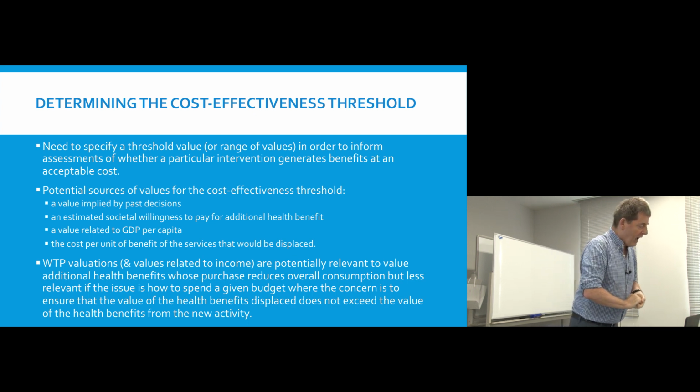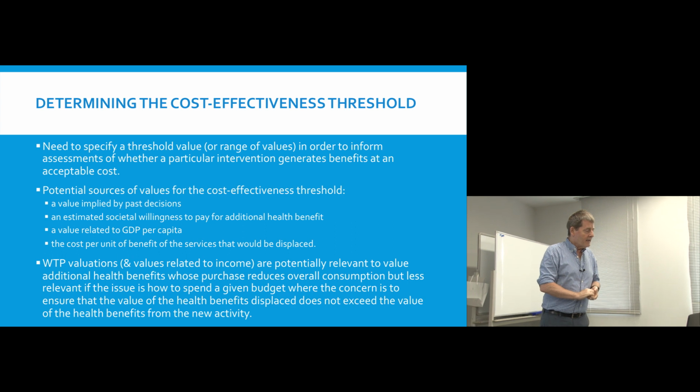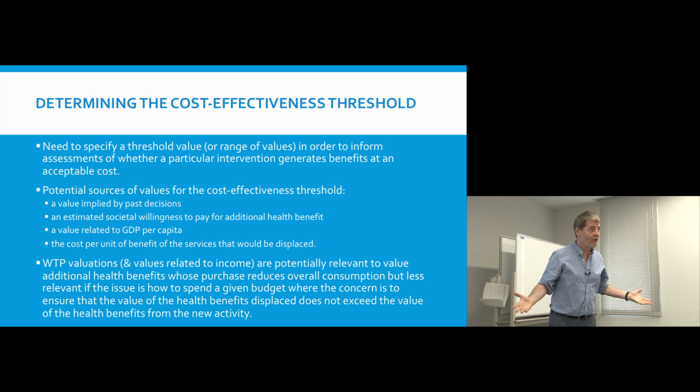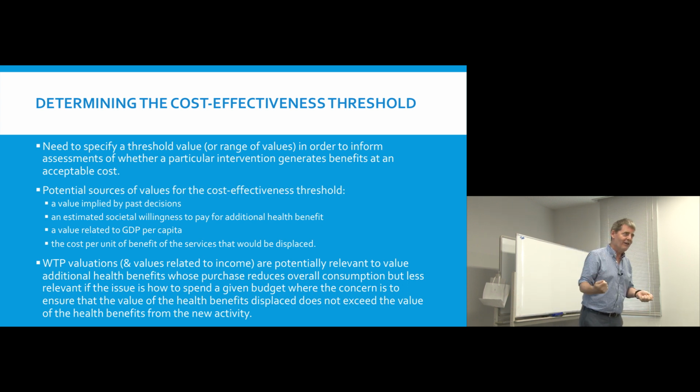Now, there's two solutions. One is, if we're identifying more things that are cost effective and our budget's not big enough, you could say, well, we need a bigger budget because there are lots of good opportunities for the health service, and it's not just health services, it can be public health interventions as well.